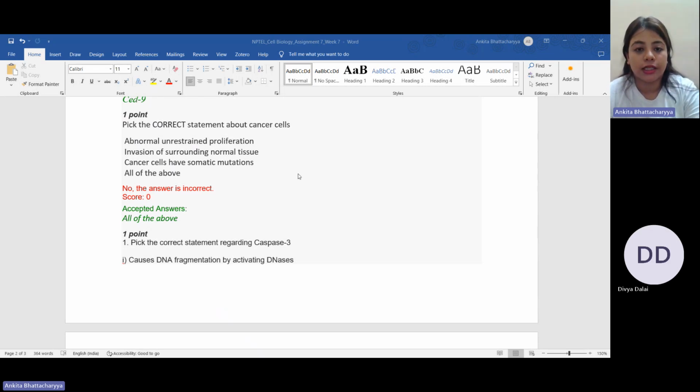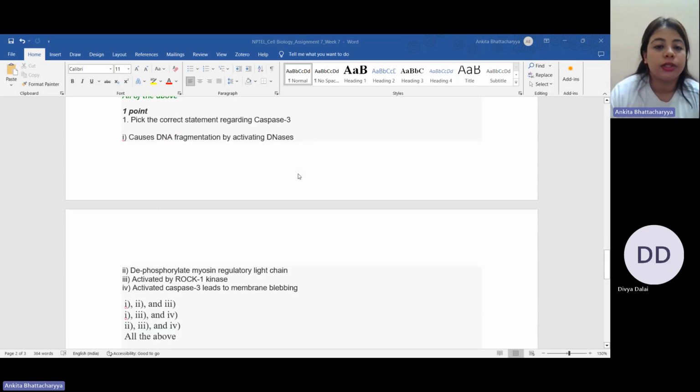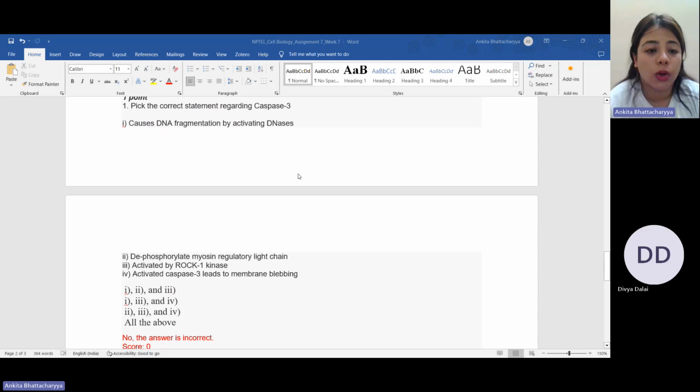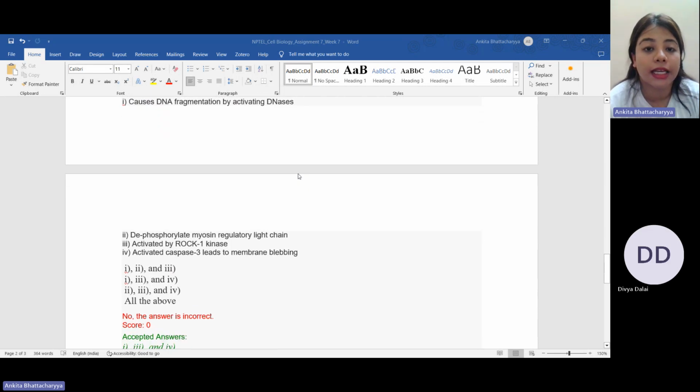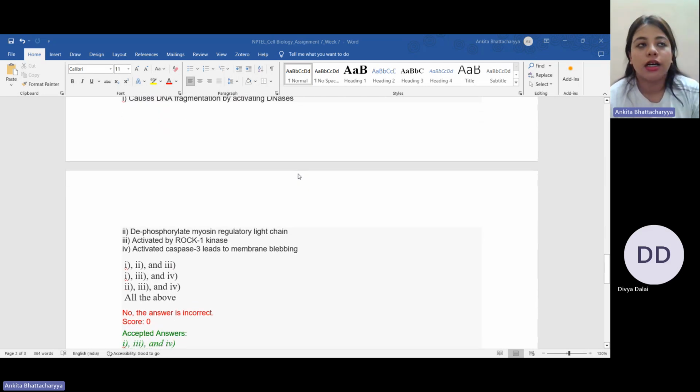The next question is about caspase 3. Which of these statements are correct about caspase 3? First, that it causes DNA fragmentation by activating DNases. Yes, it does. Caspase 3 is one of the effector caspases, so it causes fragmentation of DNA during apoptosis, which is a pre-lytic event that occurs during programmed cell death. Second, it dephosphorylates the myosin regulatory light chain.